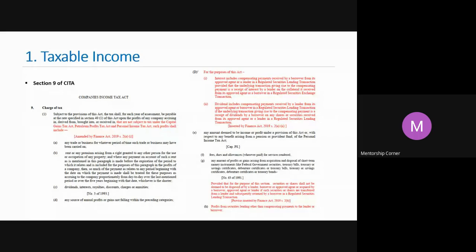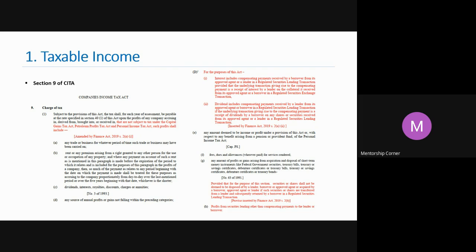So we have income accruing from trade or businesses, income accruing from rent or rental properties, and income accruing from dividend, interest, royalties, discounts, charges, or annuities. We also have any source of annual profit or gain not falling within the preceding categories. That is, if you have any form of annual profit coming from anywhere else aside from the ones mentioned above, then such should also be categorized as taxable income.